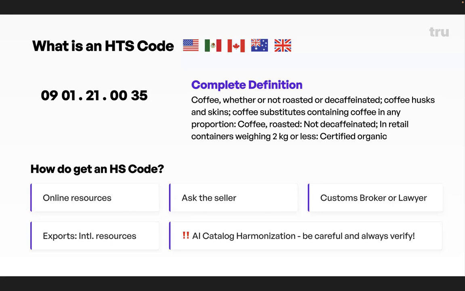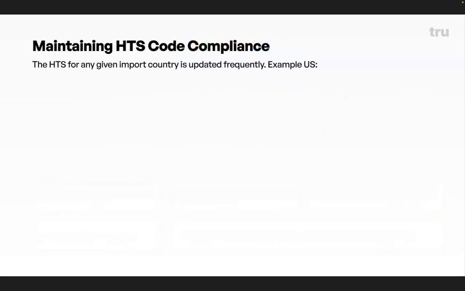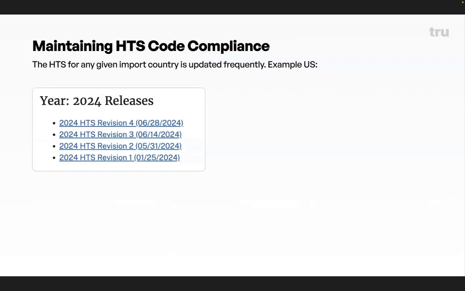So, beyond this, well, can't I just get my HTS code and then I'm good to go? Actually, not really. An HTS code actually changes quite frequently. So if we look at the US, this was already a few months ago, they've revised the HTS in the US 4 times already this year. I actually believe they're up to 6 since I updated this slide.